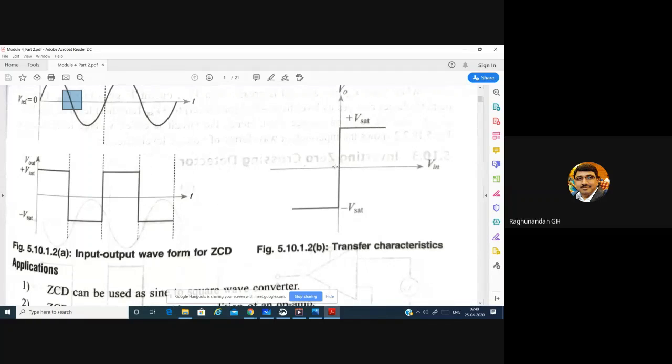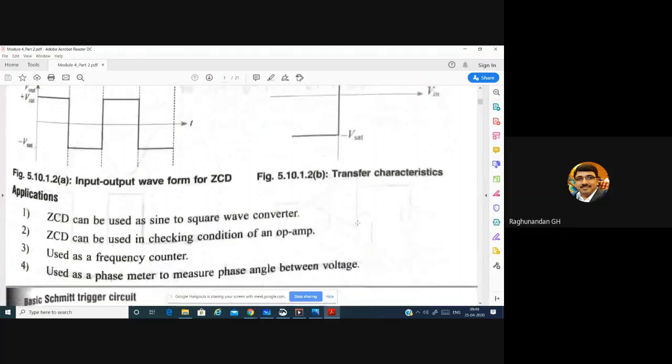This is the negative side of the input voltage, minus Vin. When the input is at a negative voltage, the output goes to minus V saturation. When Vin is positive, output is plus V saturation. When Vin is negative, output goes to minus V saturation. This is what the transfer characteristics is going to indicate.